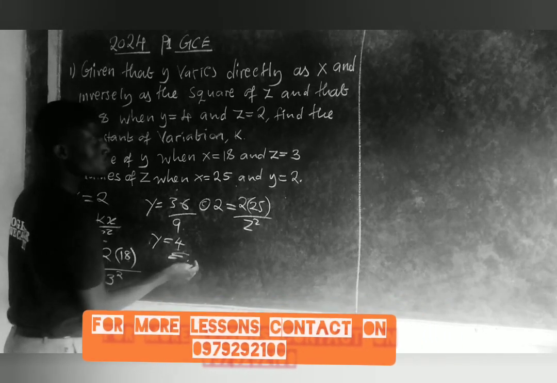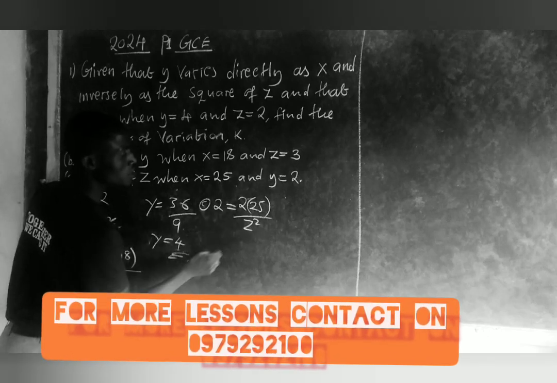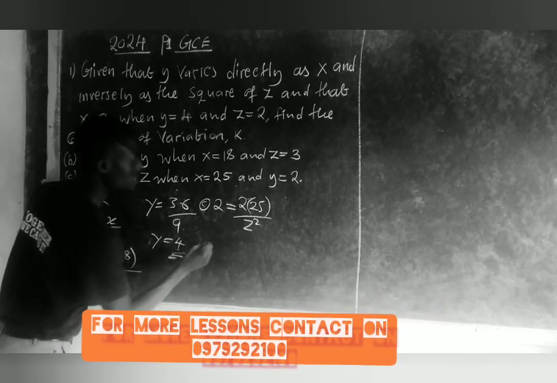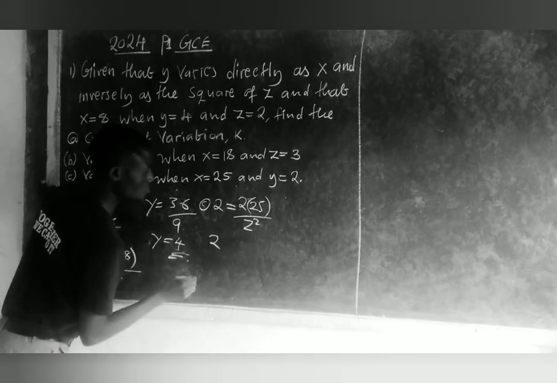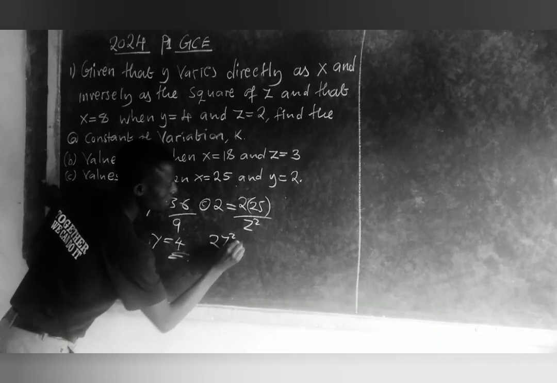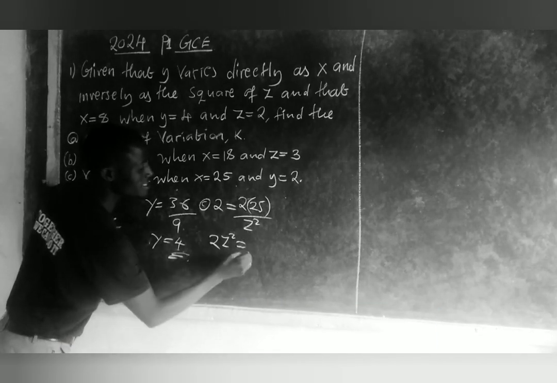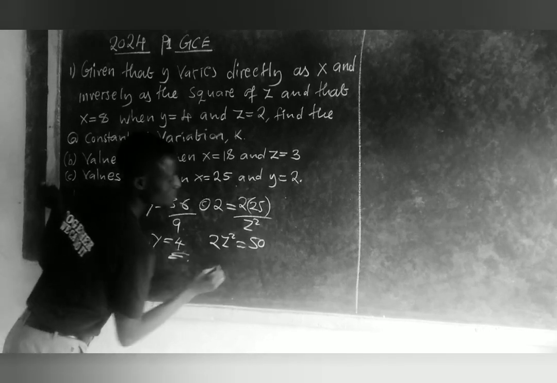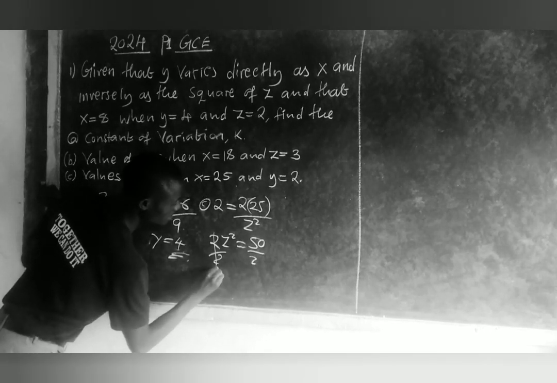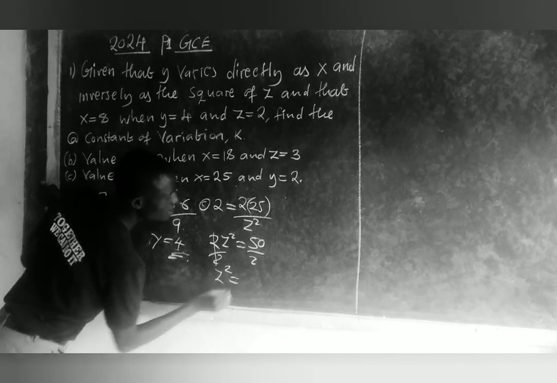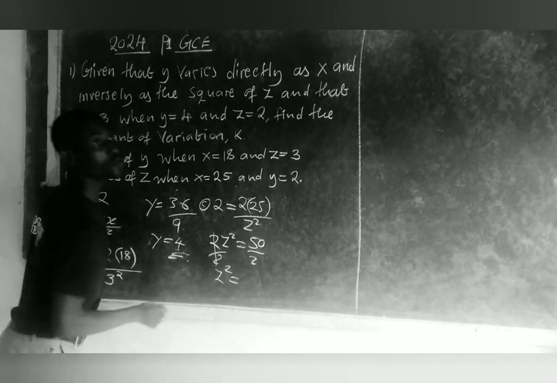So here we just say this times this we are going to have 50. Then we say this times this, 2z squared is equal to 50. Hence we divide by 2, we divide by 2, and how many 2 can go into 50?